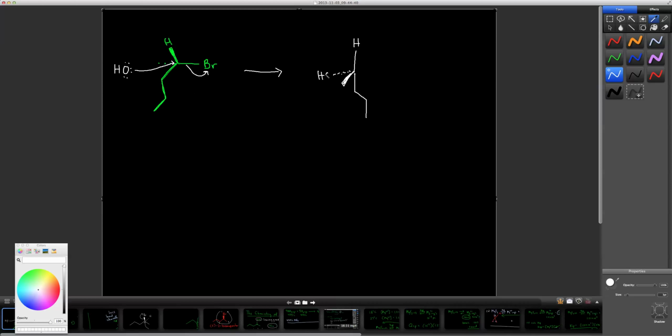You have a backside approach by the OH. And then, of course, you have the bromide group leaving. So this, which was pointing to the left, is now planar.